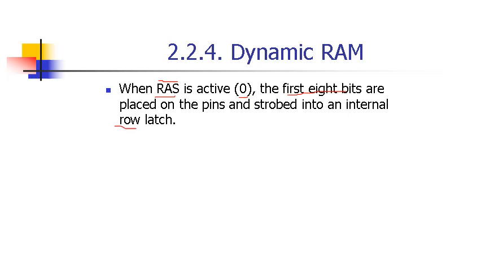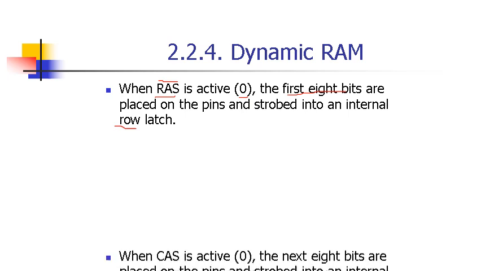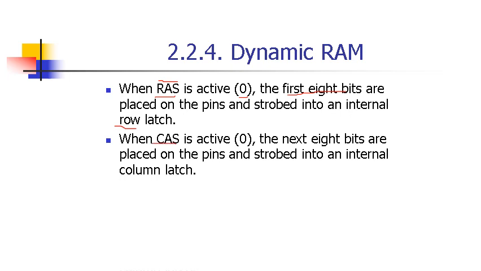Okay, this row contains many columns, many RAM cells, each distributed in a column. A single column of these can be read from or written into by activating the other pin, which is column address strobe, to get the next 8 bits and to make you access a column.